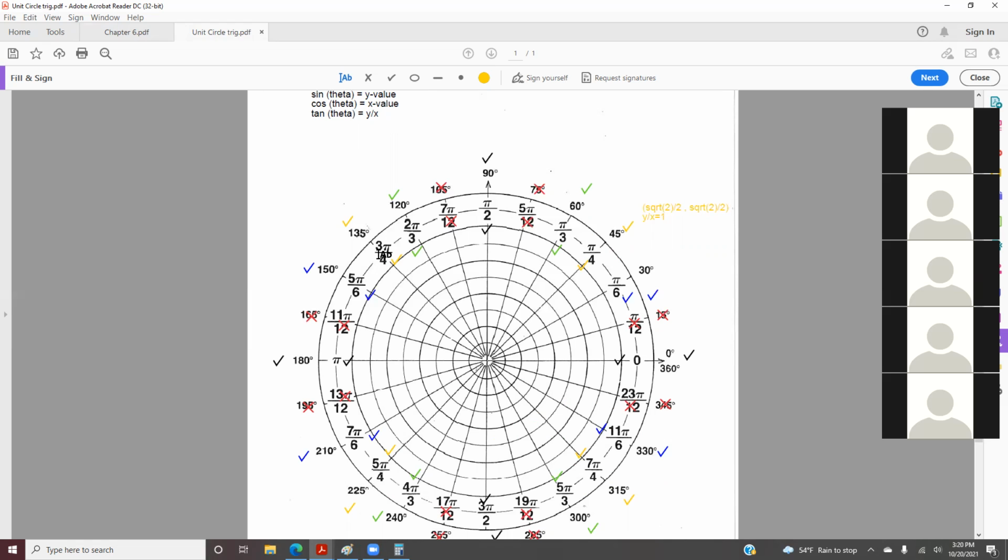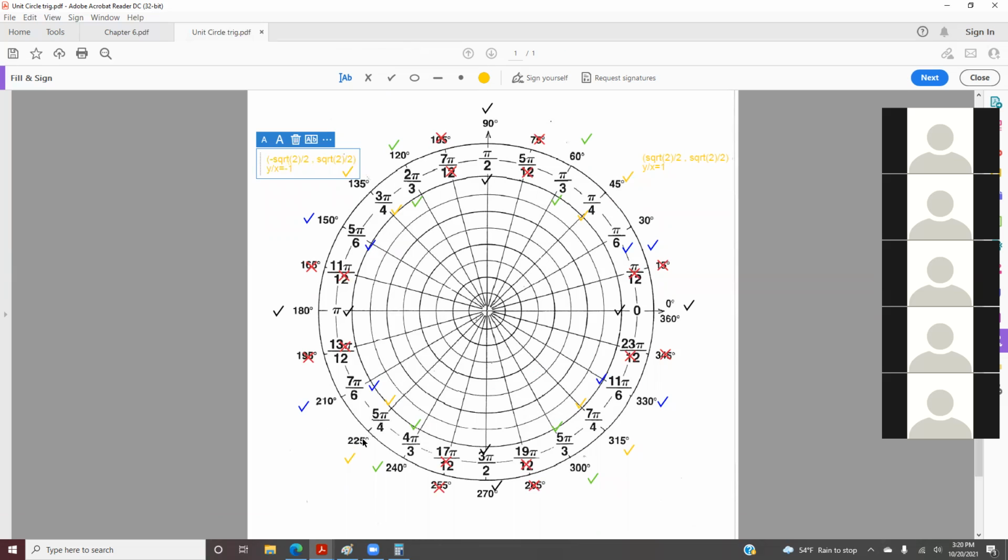Now, since this is in quadrant 2, can someone tell me what value is negative in quadrant 2? The x or the y value? The x. So it's going to be exactly the same as this, but it's going to be a negative on the x value in this case. And because that is a negative, you divide by positive. So for tangent, you get negative, because if you divide these two, you get negative.